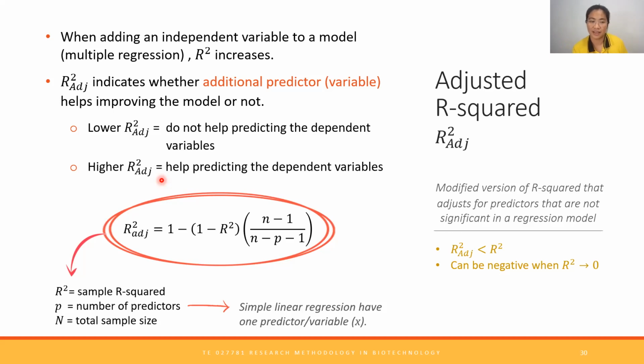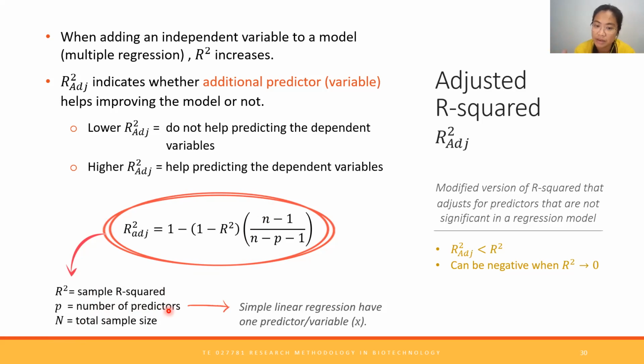That's how it goes. Okay, and it has a formula here. You see that the formula itself has an extra term, which is n, the total sample size. It is small n here, this is big N, but it is the same n, sorry, that's my mistake down there. The p is the number of predictors. So how many X do you have in there?